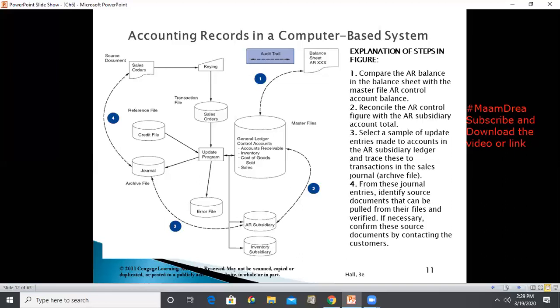Remember when we tried to post the sales invoice, and we don't have an inventory balance, so we have to adjust the beginning balance for our inventory, remember? So all that also creates another error file.